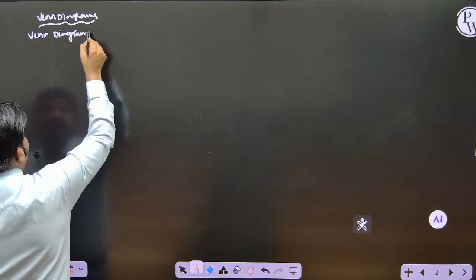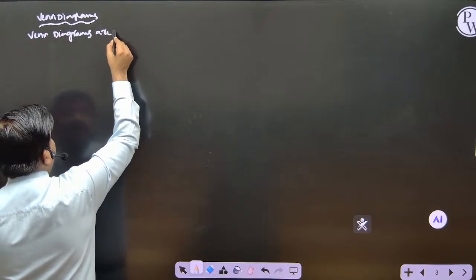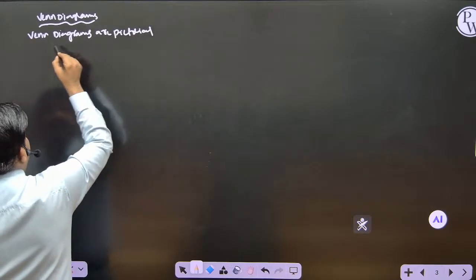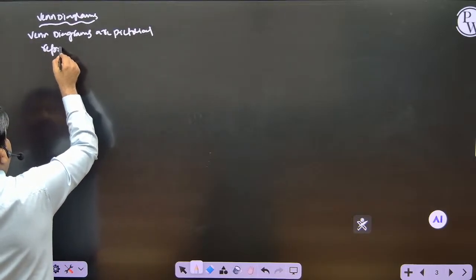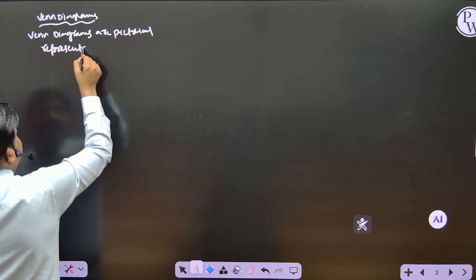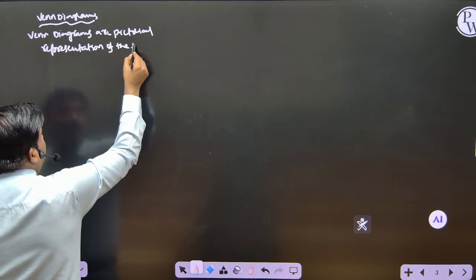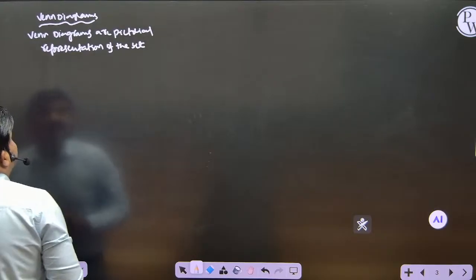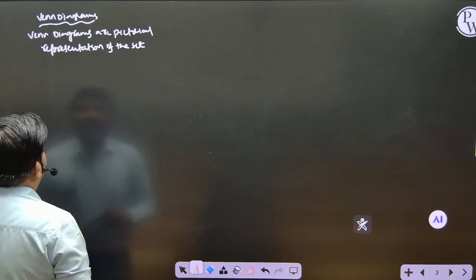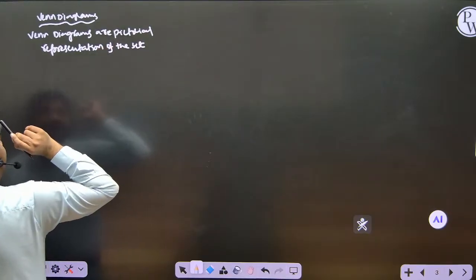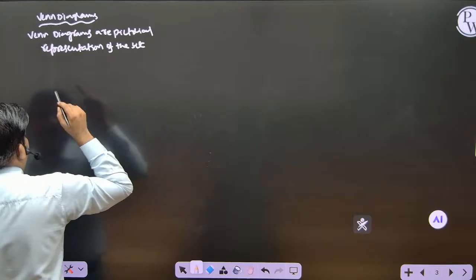Venn diagrams are a pictorial representation of sets.